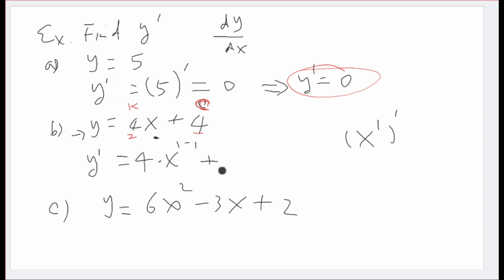But anyway, how do we differentiate the constant term? 0. All right, so the answer, if we write it down, is 4 times x to the 0th power, which is 1. So it's just 4 times 1. That's just 4.